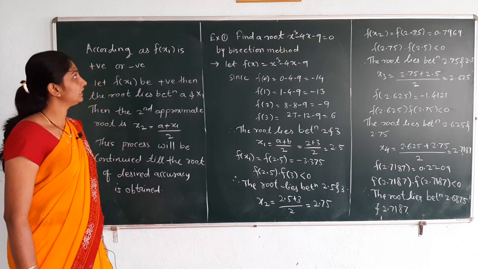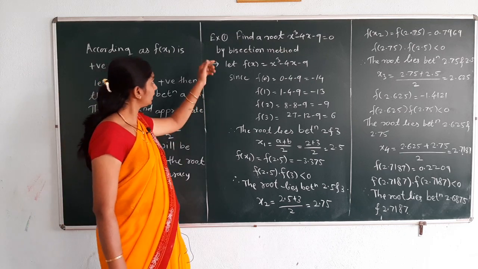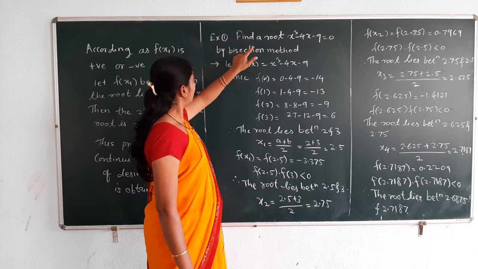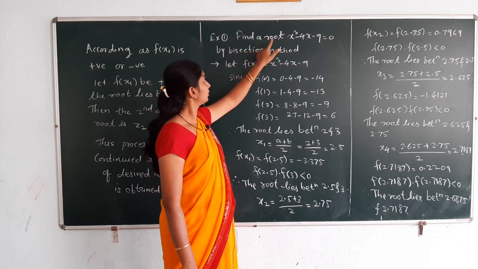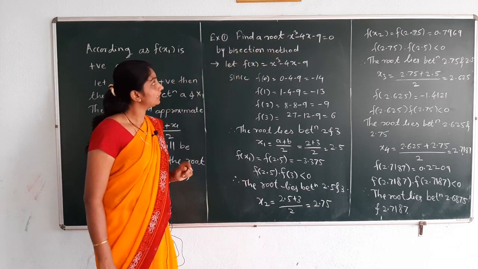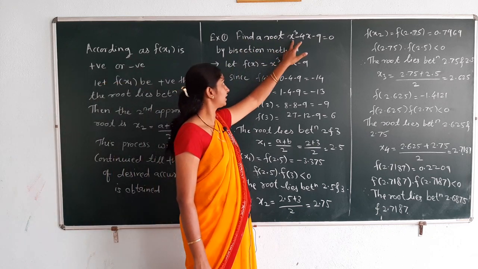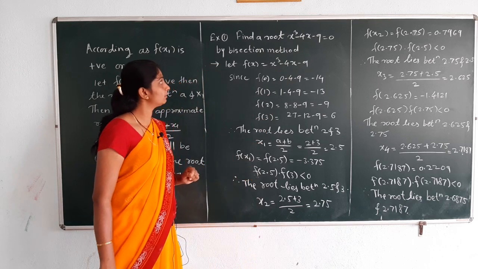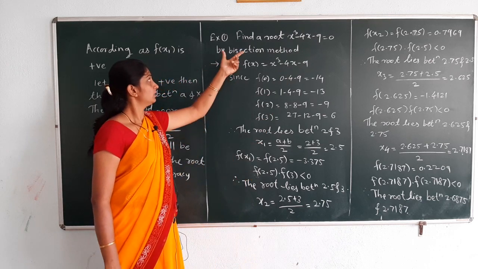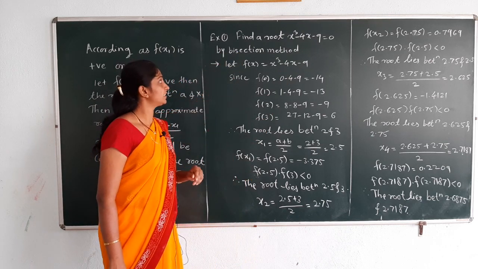For example, in the bisection method, the first example is to find a root of x cube minus 4x minus 9 is equal to 0. Here our function is x cube minus 4x minus 9 is equal to 0. We solve this problem by using the bisection method.